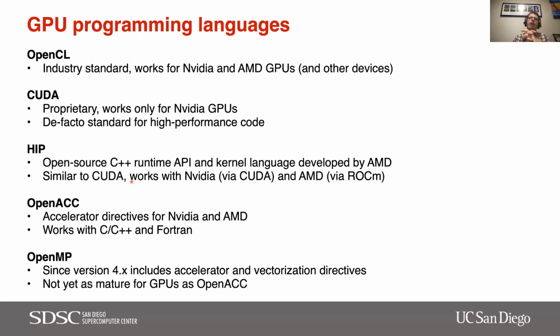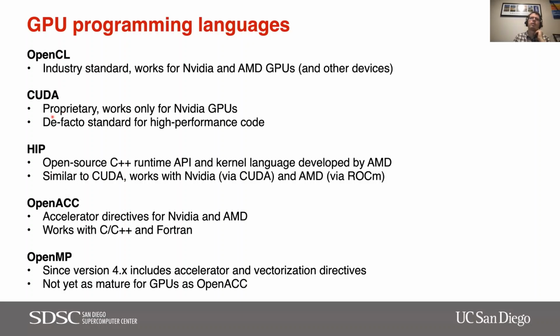And then you can use that to generate CUDA code again, or code for AMD's ROCm, the Radeon Open Compute infrastructure. So HIP code, in principle, can get compiled for both NVIDIA and AMD GPUs, but you will not get the same performance as if you use CUDA directly. It's a nice solution, but of course not perfect.